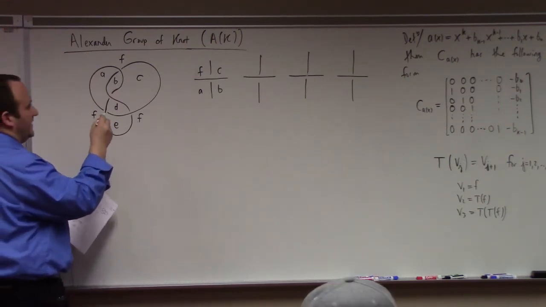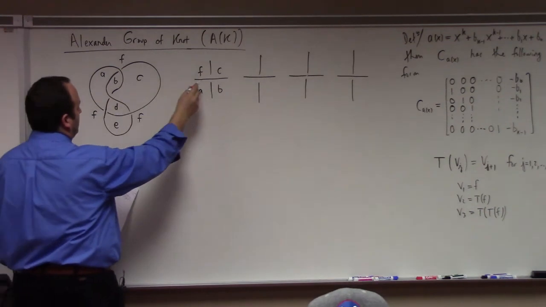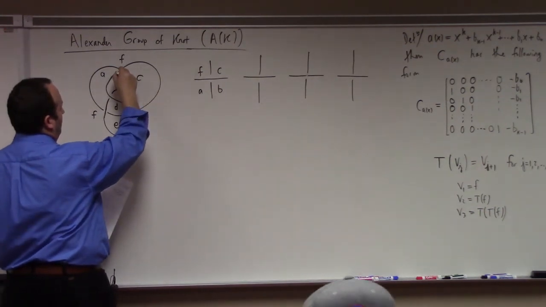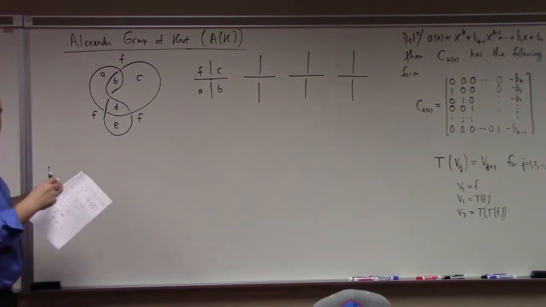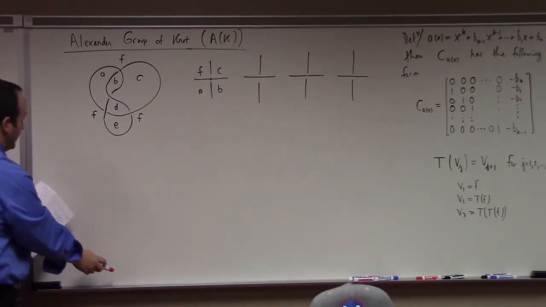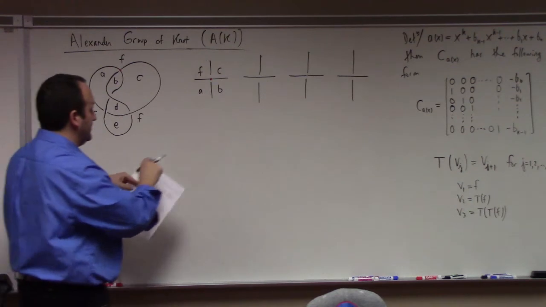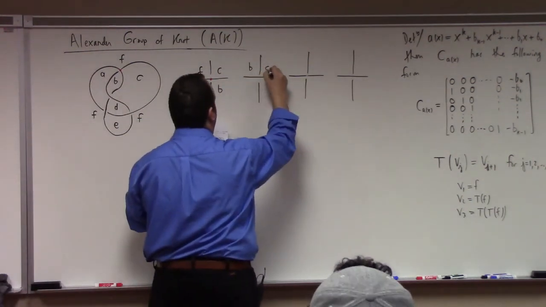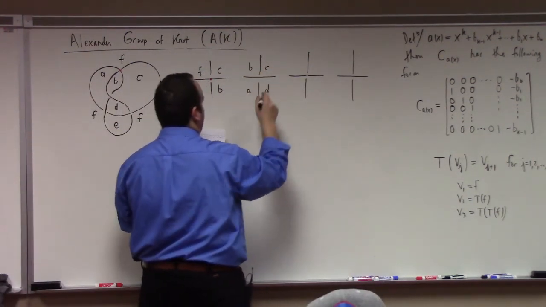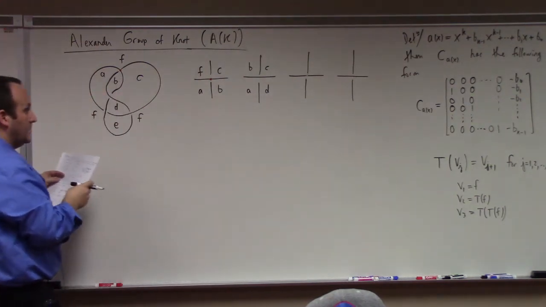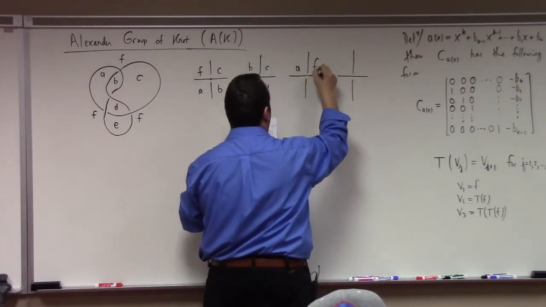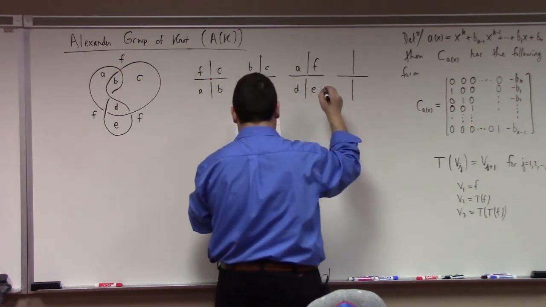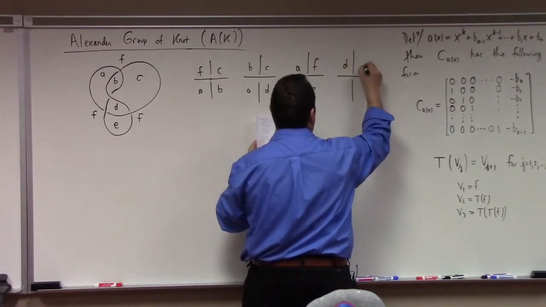Let me put a dot where that's from. That's from right here, right? And then I've got B, C, A, D. All right. And then I've got A, F, D, E. And finally, I've got D, C, E, F.